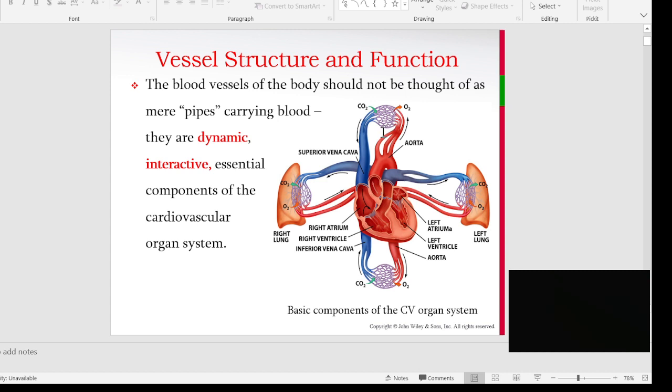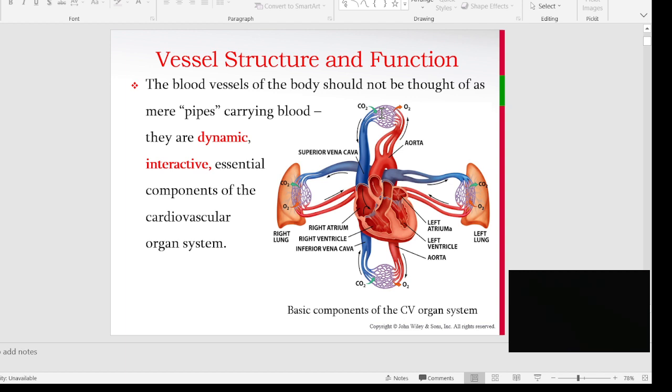So, we have already discussed this when we talked about the heart, no? How the blood undergoes gas exchange from the right ventricle going to the lungs. We call this external respiration, wherein the oxygen coming from the environment is diffusing towards the blood, while the carbon dioxide coming from the tissue is diffusing towards the lungs.